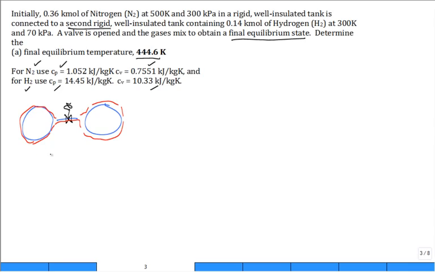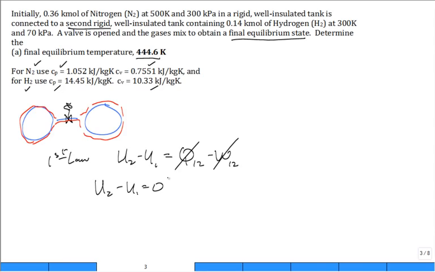Okay, so the first law gives us that the change in internal energy, neglecting changes in kinetic and potential energy, equals the heat that's transferred in during the process minus the work out. What are those? 0. So U2 minus U1 is 0, isn't it? That's our first law. And now how do I calculate that left-hand side?